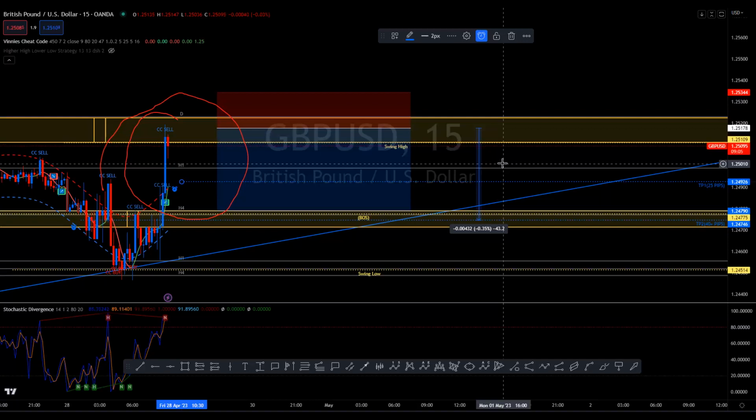So we're going to keep on watching price action for a couple minutes here before the 9:30 candle closes. So let's see.